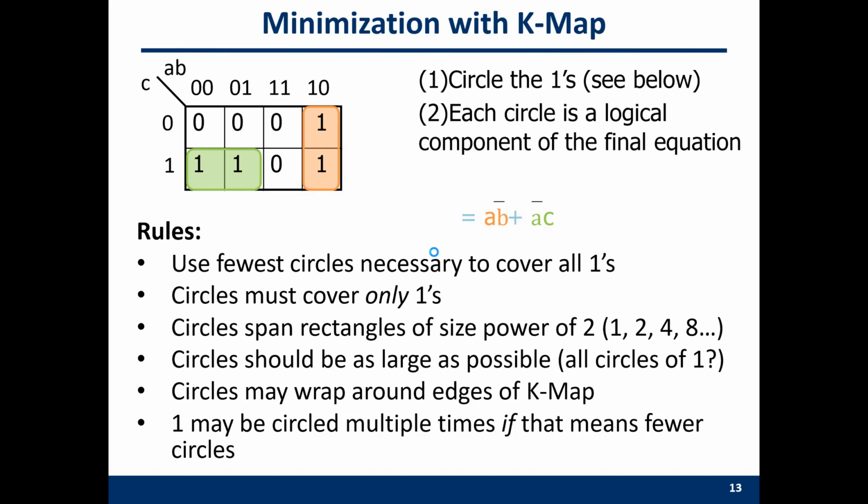If, for example, you just give this single one a circle. This single one here indicates A, B bar, C and D. So it's this term plus this term plus this term.